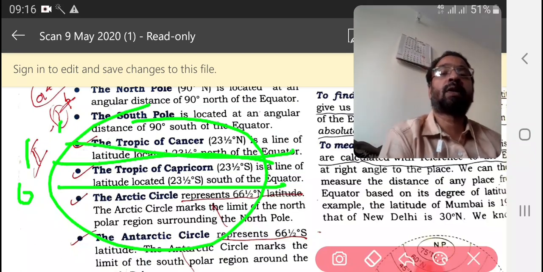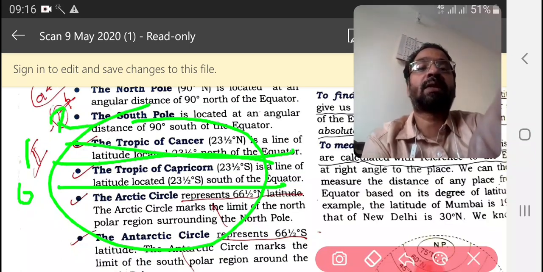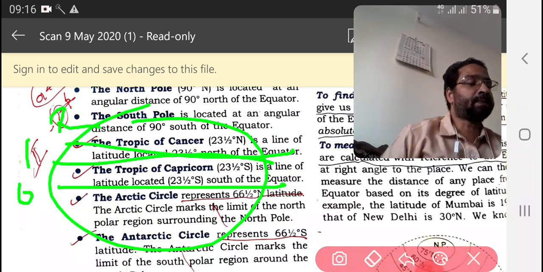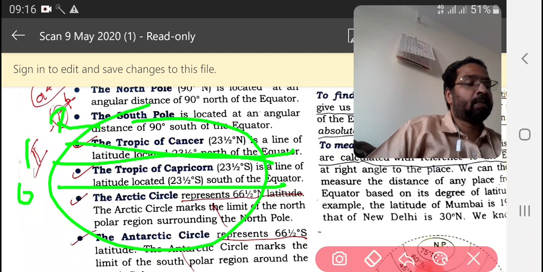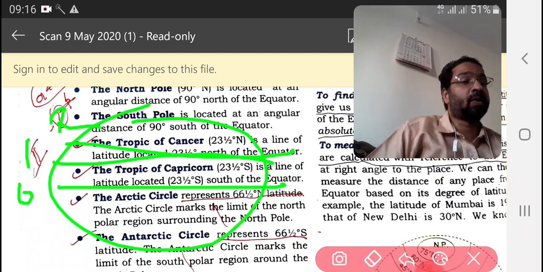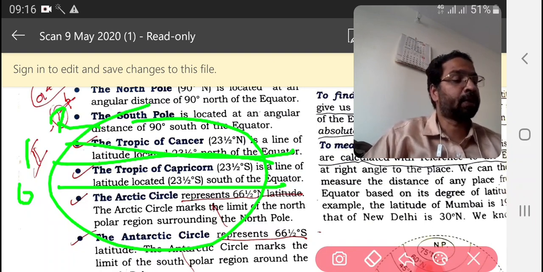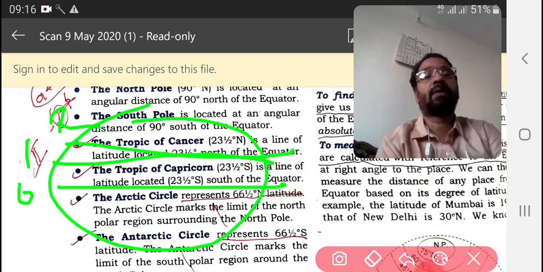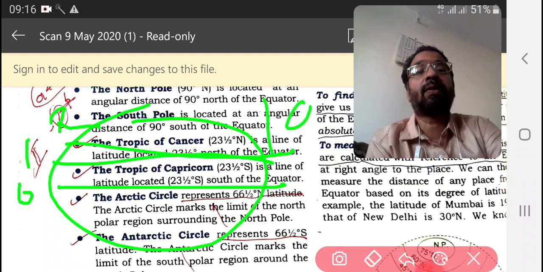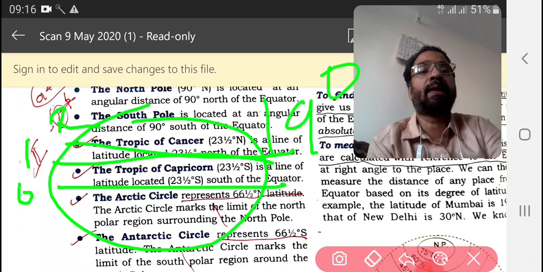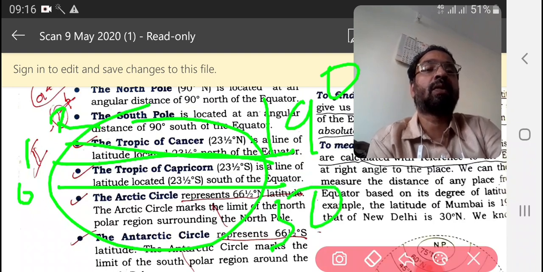Suppose we think of Delhi. Delhi is at 30 degrees north. And Mumbai is at 19 degrees north.